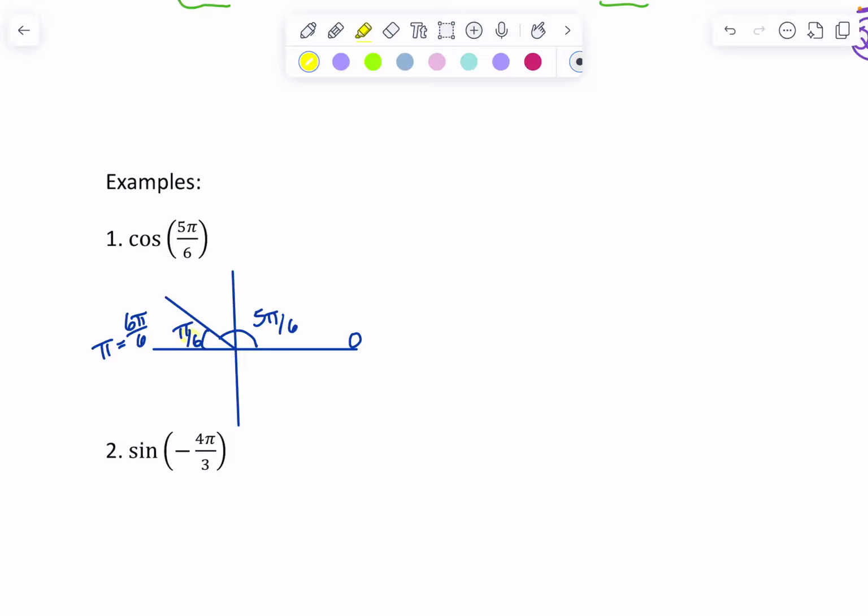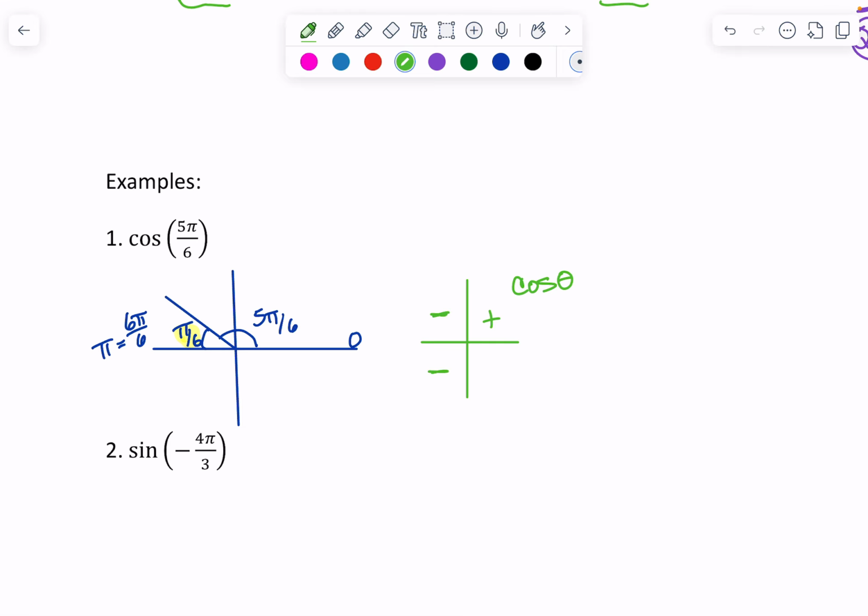I'm going to look at this reference angle, and go one step further. I'm looking for cosine in the second quadrant. If I think about cosine theta, all of them are positive in quadrant 1, all students. So sine is positive in quadrant 2, not cosine. It must be negative.